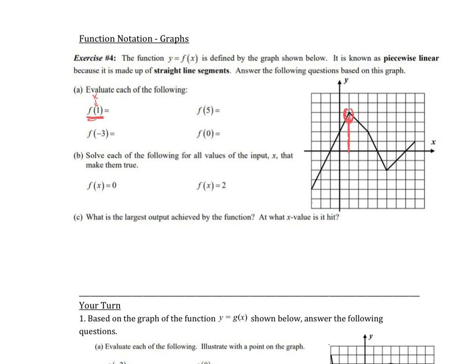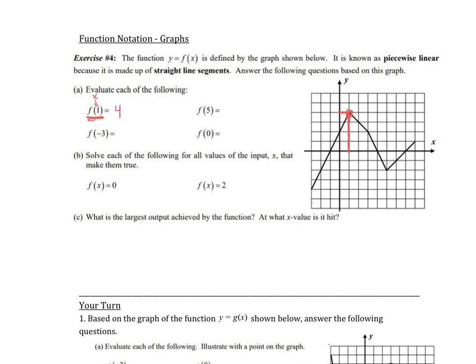So what is the y value when x is equal to 1? Well, let's kind of map this out. So at x equals 1, our y value is going to be at, if you count up, 4. Right, so I'm looking where x is 1, our y value is 4 for that one.